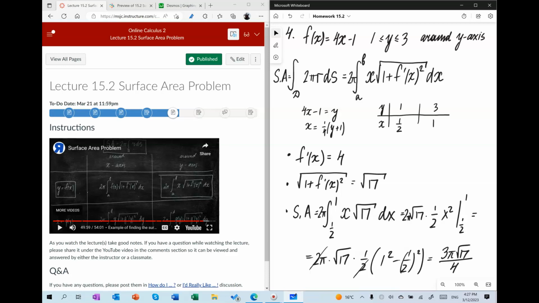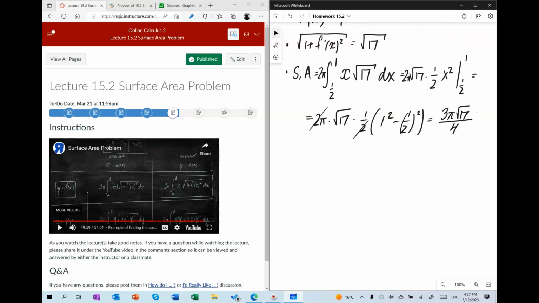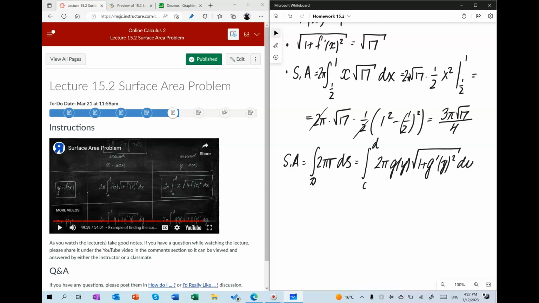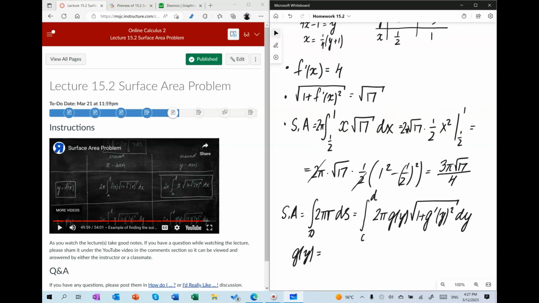Alternatively, we could have set up the same problem like this. We could have interpreted this universal formula as the integral of g of y and all of this, where g of y, we would actually have to find.